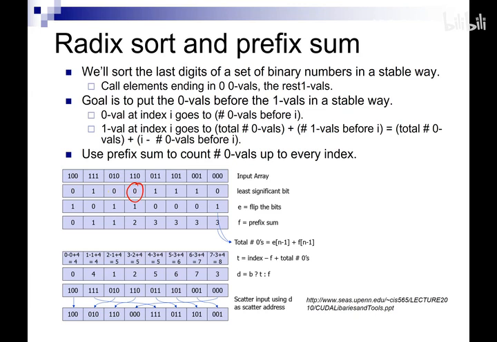The way we can know that there are 2 0 values before him is using this F array. You see that F here is exactly equal to 2. And the claim is that F exactly counts the number of 0 values before this position. The reason for that is that the way we formed F was we did an exclusive prefix sum on E. And E is going to be 1 whenever there's a 0 value before this position.